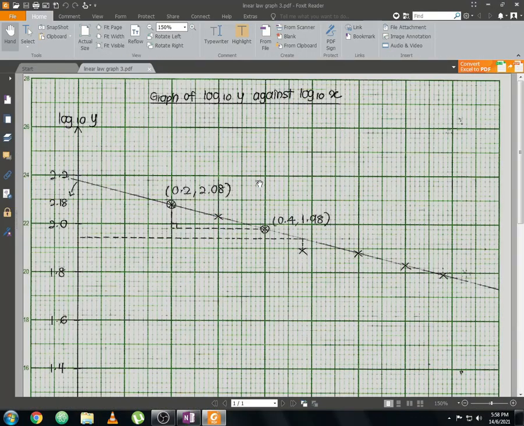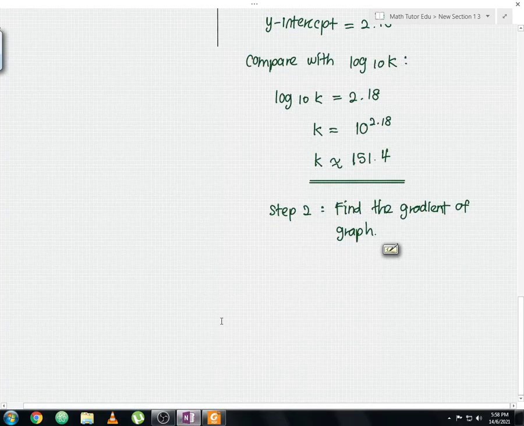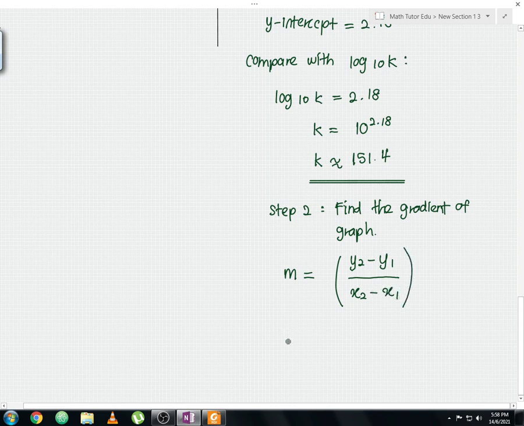Okay, so let us continue with our working here. The formula to find the gradient, m is equals to y2 minus y1, and then you divide with x2 minus x1, close bracket. m equals to 2.08 minus 1.98.